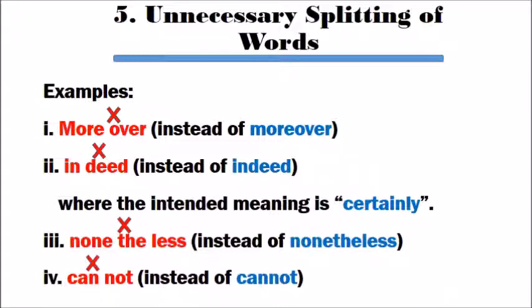Example 2 has indeed. Now the intended meaning is certainly. So if what you mean is certainly, there's no way in and deed should be put apart. They should be together. In the third example, nonetheless, again, is a linking word, should stand together. There's no need to split them into units.